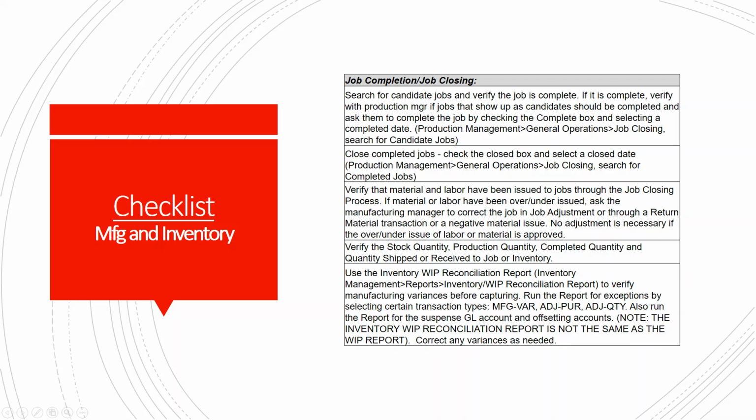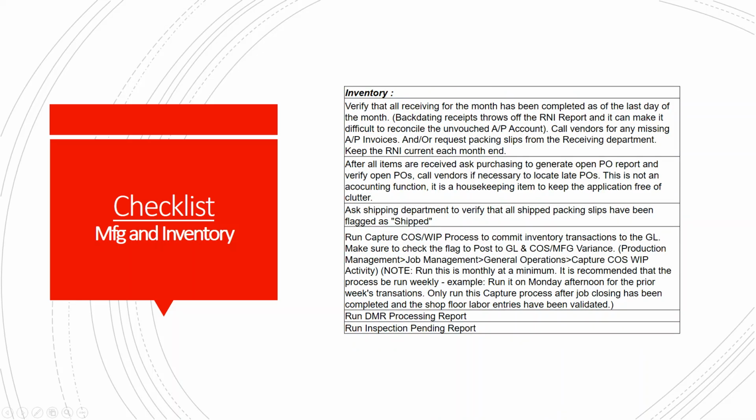Along with that, we also do our inventory verification task list. Make sure that we can look at our open PO reports, verify that all shipment transactions have been completed correctly. We also run our capture cost of sales WIP process to commit those inventory transactions to the GL. And we also review other reports such as the non-conformance discovered material processing report or inspection pending for any pending items.